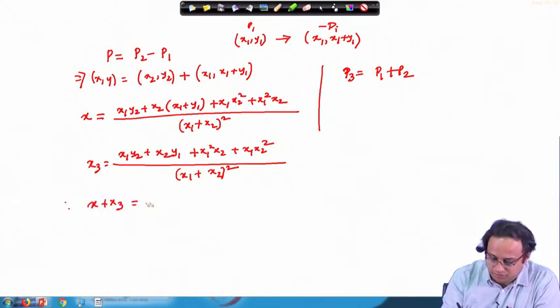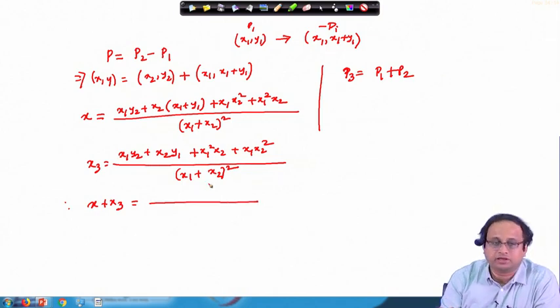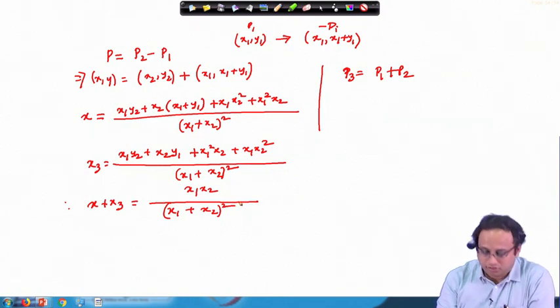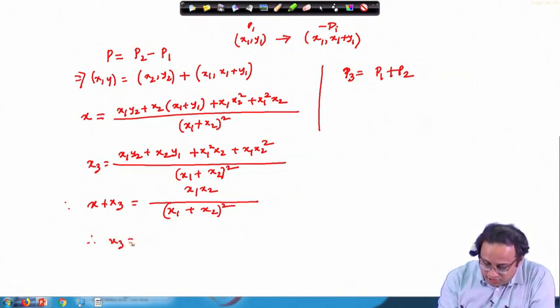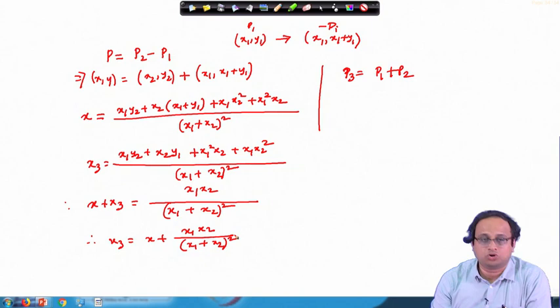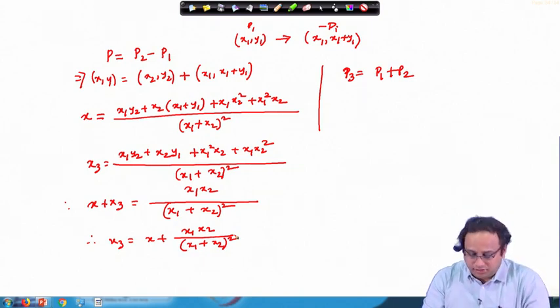So, if I add up these two parts, that is, if I add x with x3, you note that all the terms get cancelled out, except x1 x2 divided by x1 plus x2 whole square. Therefore, I can write x3 as nothing but x plus x1 x2 divided by x1 plus x2 whole square. Here you see that I need to do an inversion operation, that is, I need to calculate 1 by x1 plus x2, but then I need to multiply with x2 and with x1, so I need to do 2 multiplications.